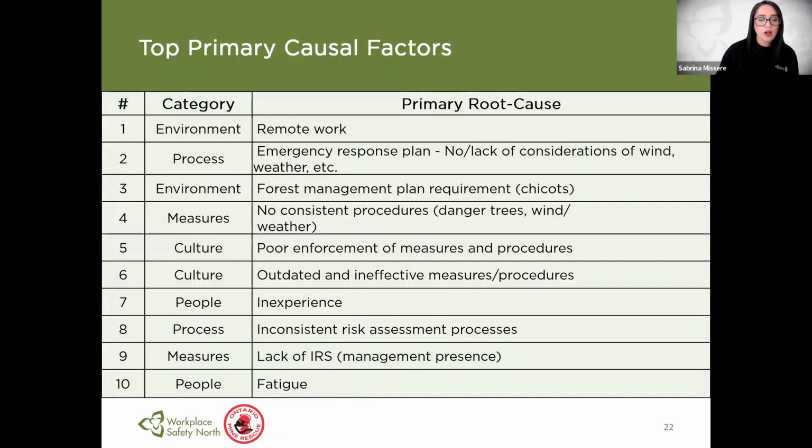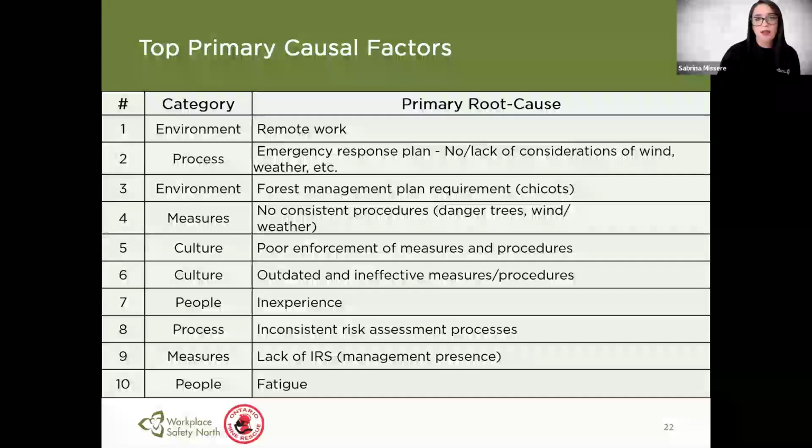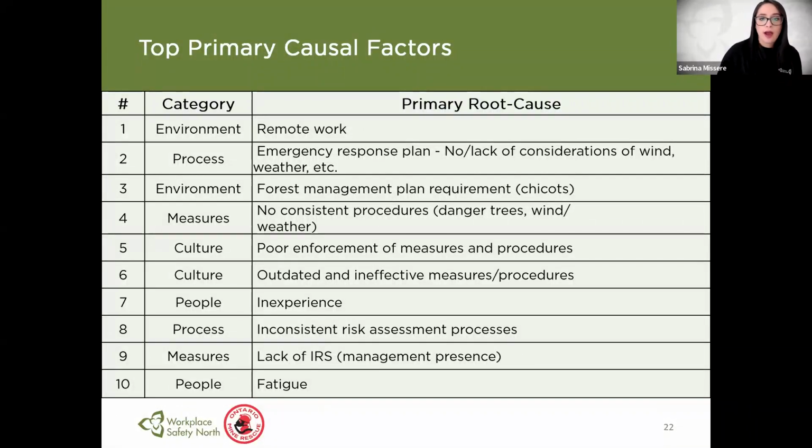So here are your top 10 primary root causes to incidents related to environmental hazards. Now you have the remoteness of the job, lack of considerations on extreme weather, FNP requirements, no consistent procedures across the sector, poor enforcement, the outdated or ineffective measures and procedures, lack of experience of workers in the sector, inconsistent risk assessment processes, lack of management presence during such events, and even fatigue.